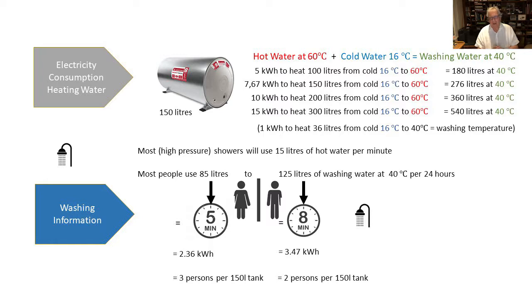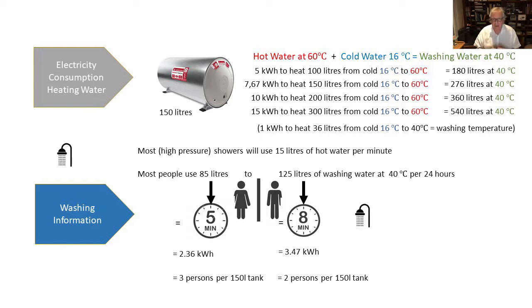And what it really comes down to is that most high pressure showers will use around 15 litres of water per minute. So if you are a typical family, you will use between 85 to 125 litres of hot water per person per day.